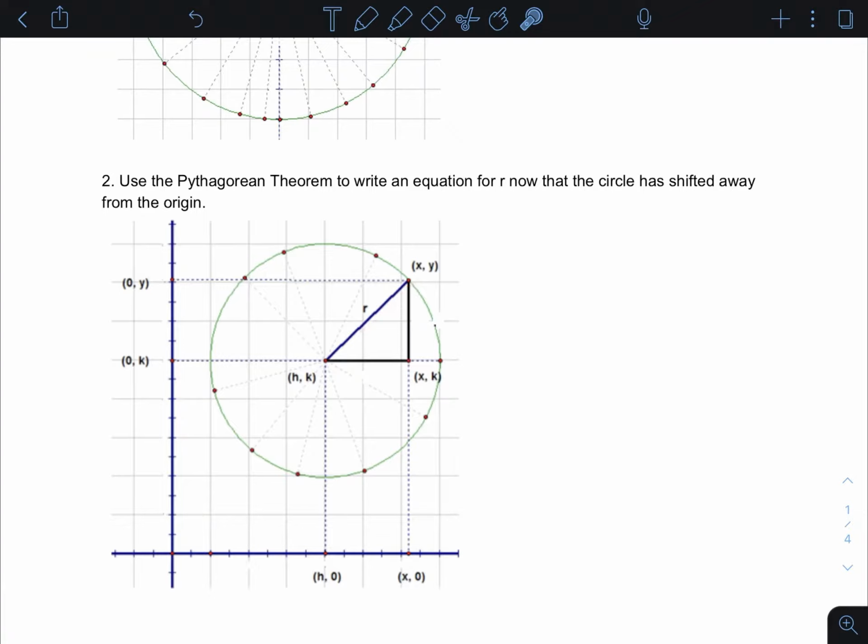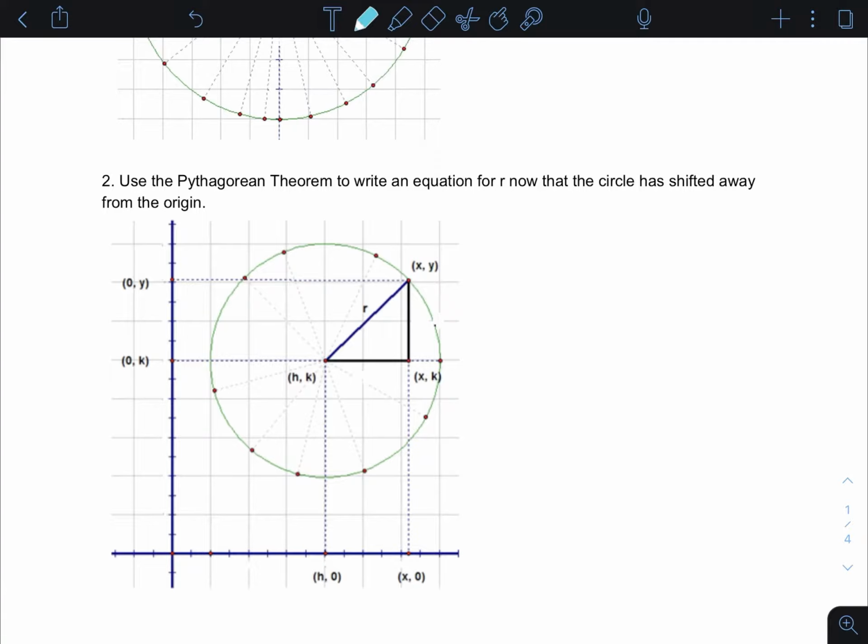So that would mean we have this point here on the circle, which again we will call x, y, and that would mean this other point. And if we go horizontally from the center, it would have to be x, k, because it has the same x coordinate as this point, right, x distance there, but it has the same y coordinate as the center, which is k.